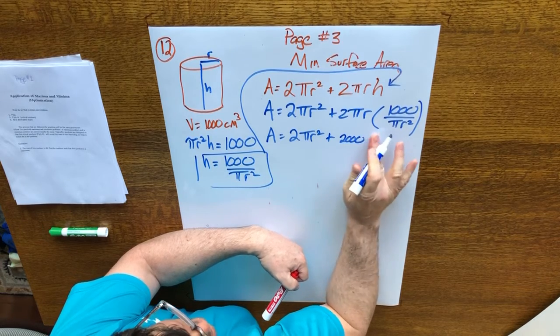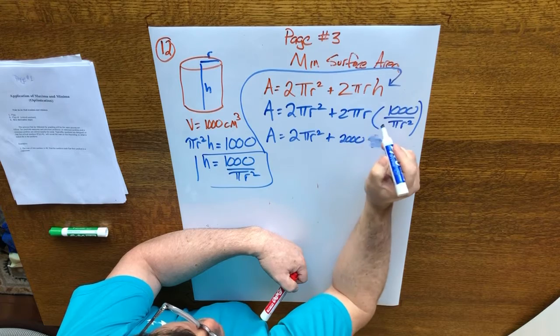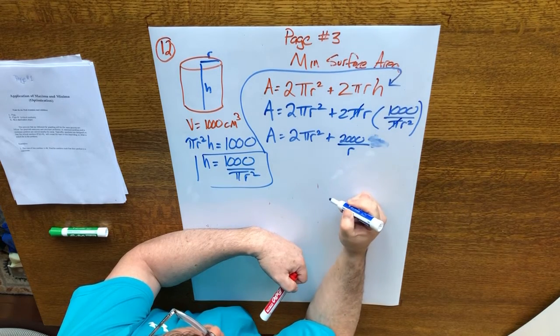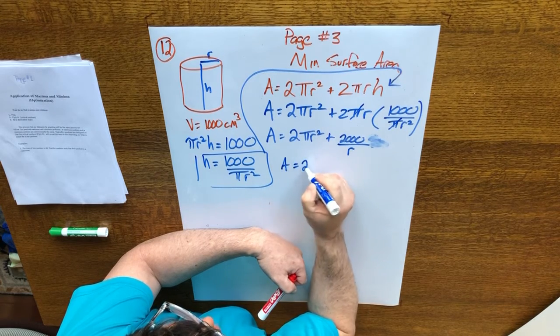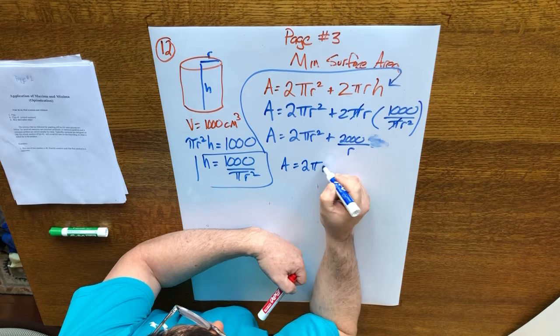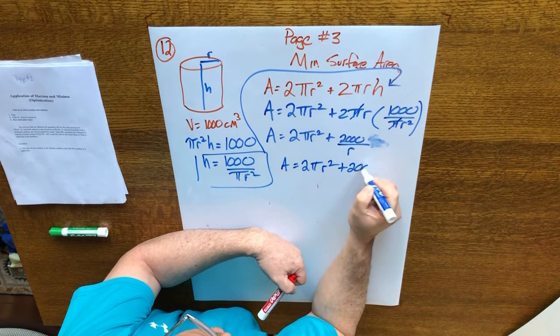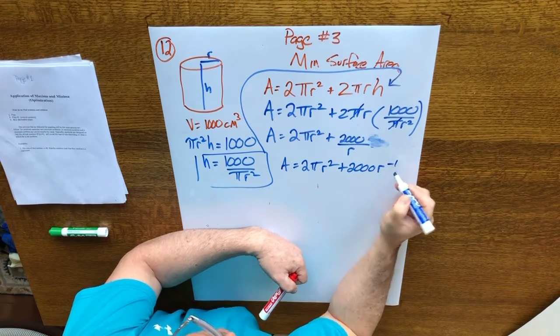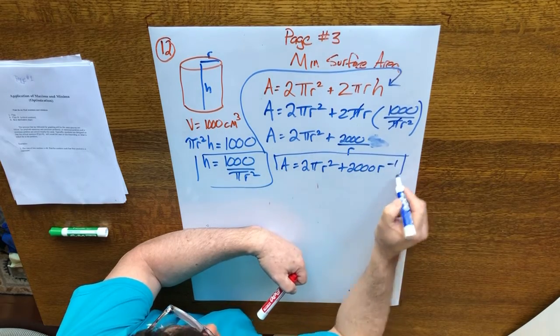Nope, the pi's cancel out, excuse me. Over r. So I'm going to simplify that down to this, 2 pi r squared plus 2,000 r to the minus 1, and that's what I'm going to take my derivative of.